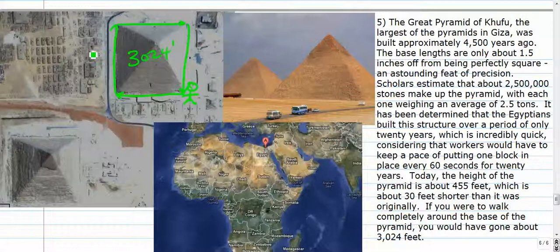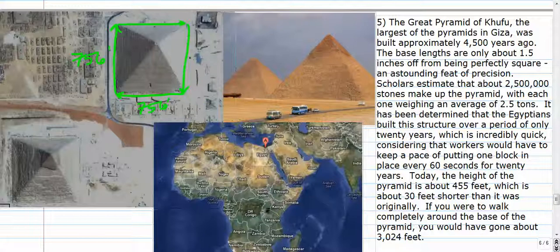And when you do that, you get the side length. 3,024 divided by 4 is thankfully a nice, neat number. It's about 756 feet. So that's how long it is on each side. And again, we're going to consider that it's square. So each side is 756 feet long.